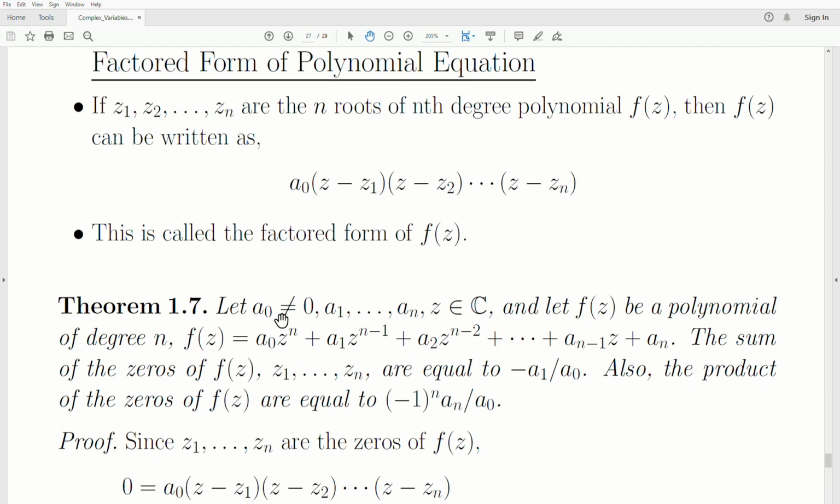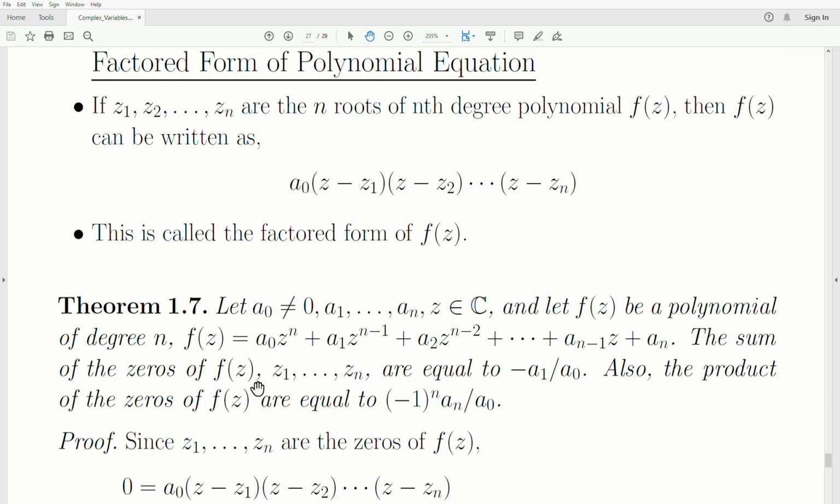Now let's do the next theorem. Let a0, a1, through an, and z all be complex numbers, and let f be a polynomial of degree n, so it can be represented like this. Now the first coefficient, of course, can't be 0, in order for it to be degree n.